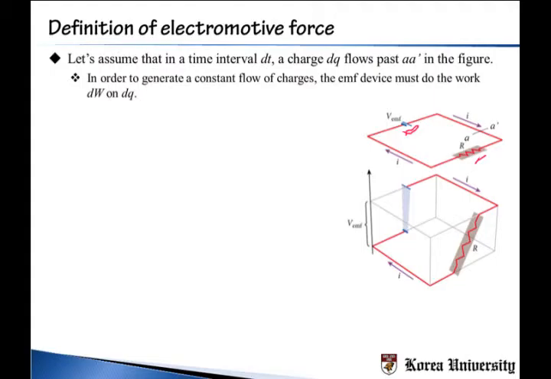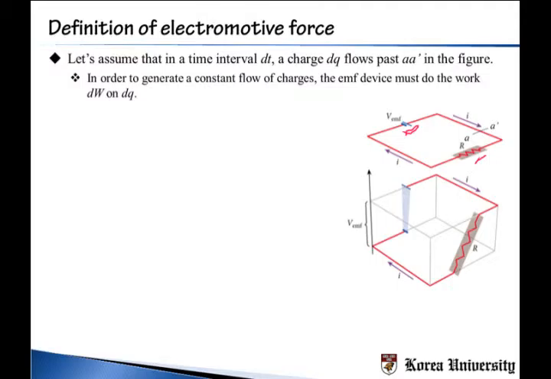And then at the bottom of it, there is a three-dimensional graph which shows you how the electric potential goes up and down, okay? So as we have discussed previously, the point of having this EMF device is having a continuous flow of electric charges, right?